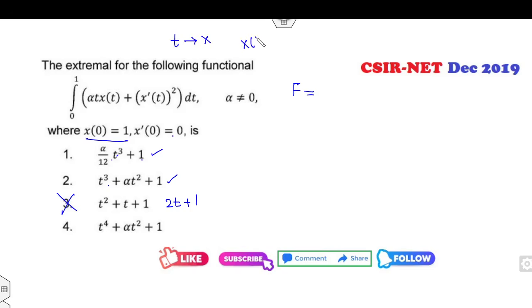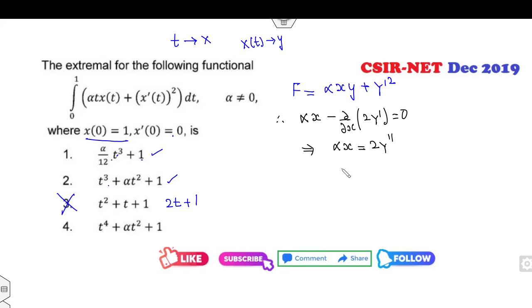T I can consider as x and this as y. This is y plus y dash square. Then by the Euler equation, partial derivative of f with respect to y minus the derivative of partial f with respect to y dash is 0. So that means alpha x is equal to 2 y double dash.